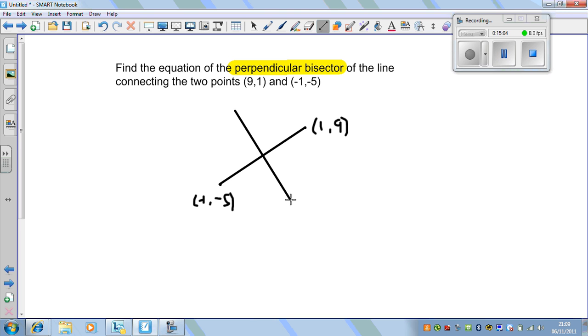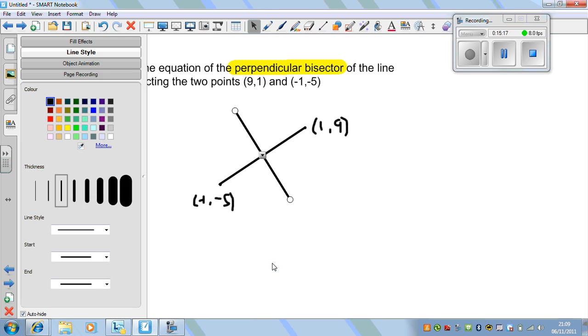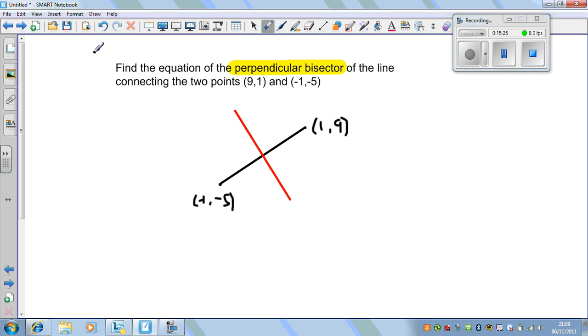So I think I've got that about right. Let's get it on red. Yeah, there we go. And so this will be at right angles.